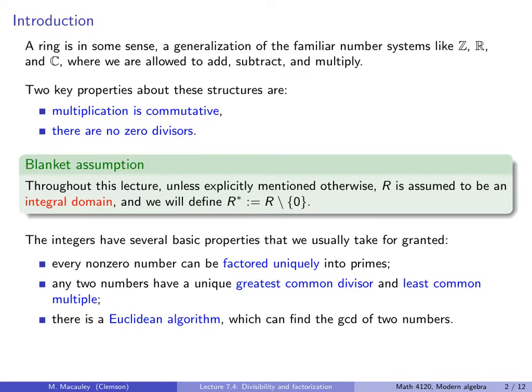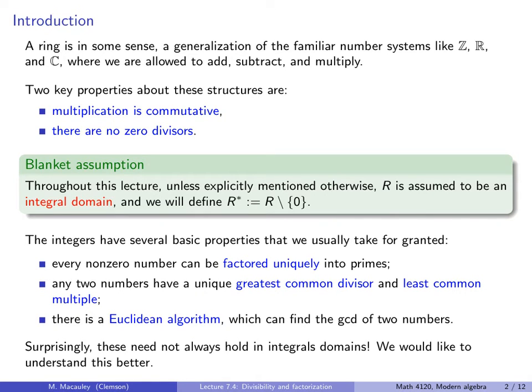And finally, there is a Euclidean or division algorithm which can find the GCD of two numbers. Surprisingly, these simple properties need not always hold even in integral domains. We would like to understand this better, and it's going to be the focus of this lecture.